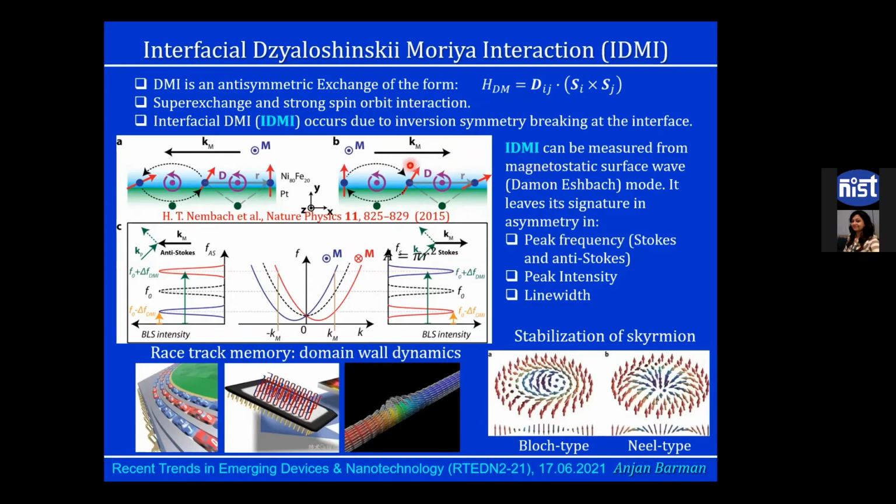So these give rise to a non-reciprocity in the spin wave propagation. And this DMI can be measured from the magnetostatic surface wave or the Damon-Eshbach spin wave mode, from its asymmetry in peak frequency, peak line width, and peak intensity, as I said. And I already said its application.